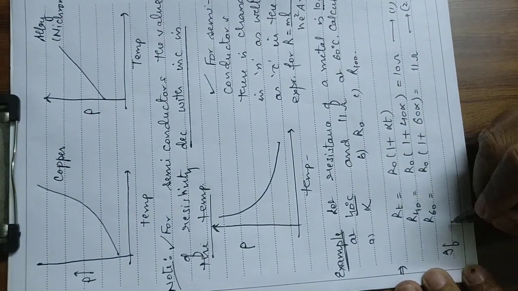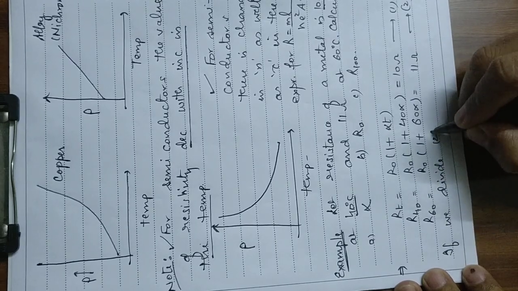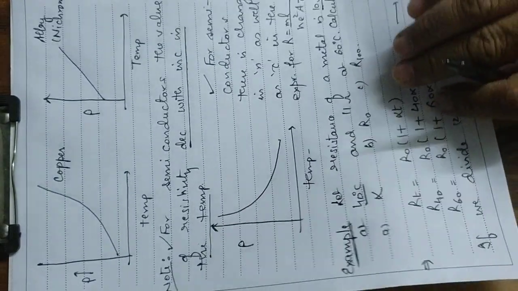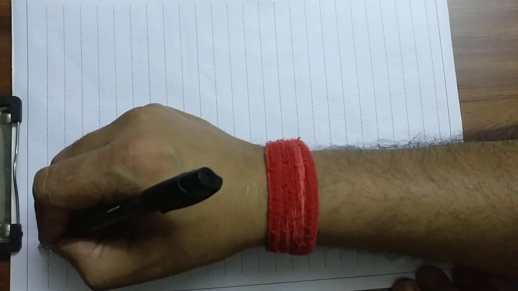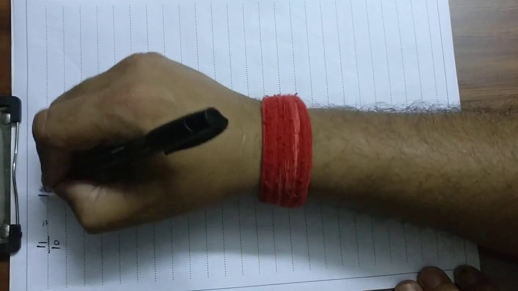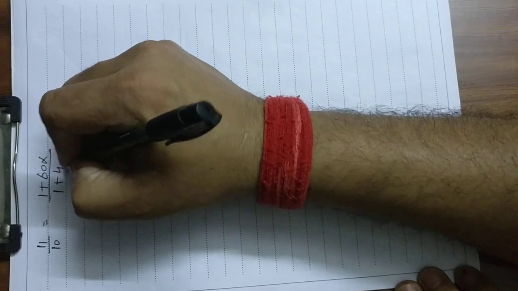So if we divide second by first, we get 11 by 10 equal to (1 plus 60 alpha) over (1 plus 40 alpha).